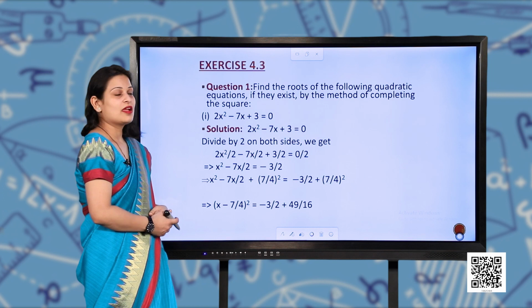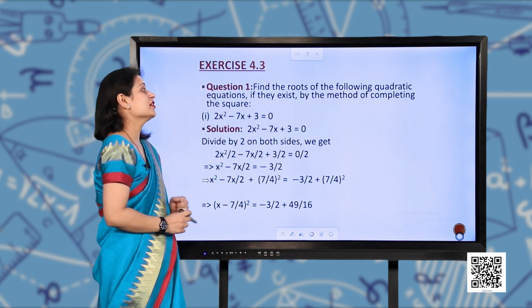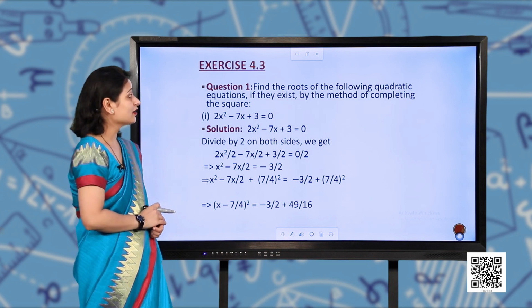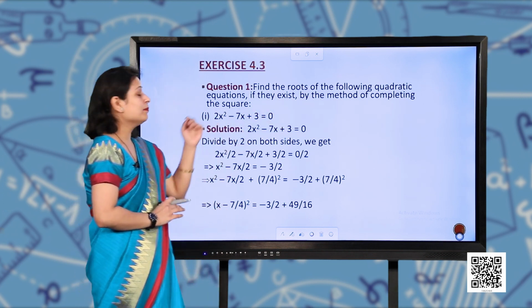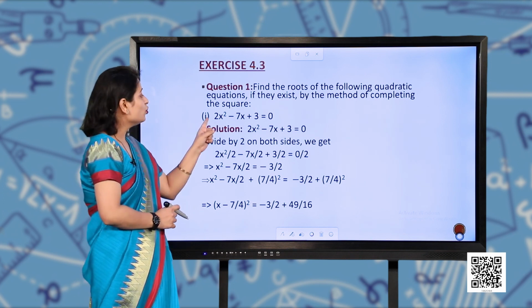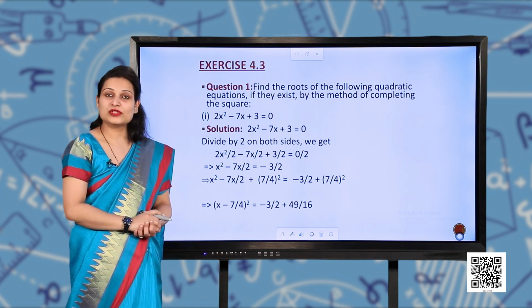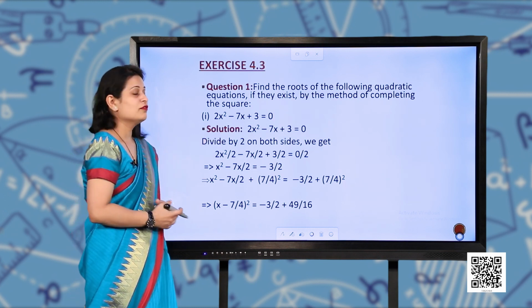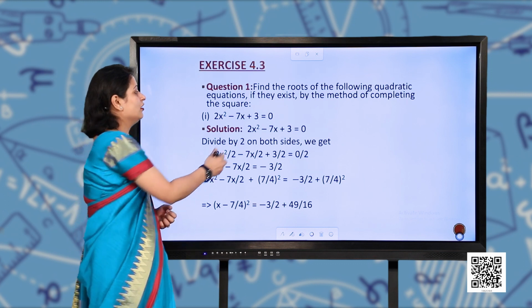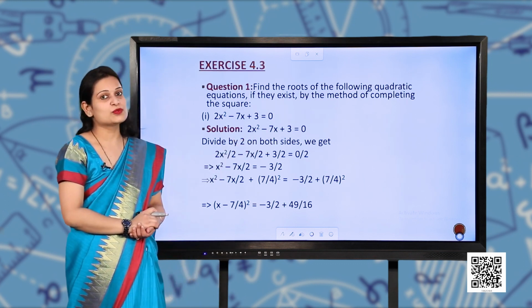Question 1. Find the roots of the following quadratic equations, if they exist, by the method of completing the square. Now, part 1. 2x square minus 7x plus 3 equals to 0. Solution, we will consider this equation 2x square minus 7x plus 3 equals to 0.